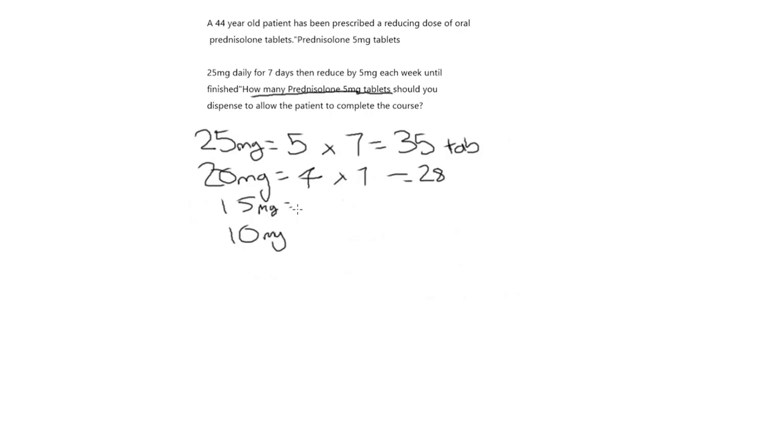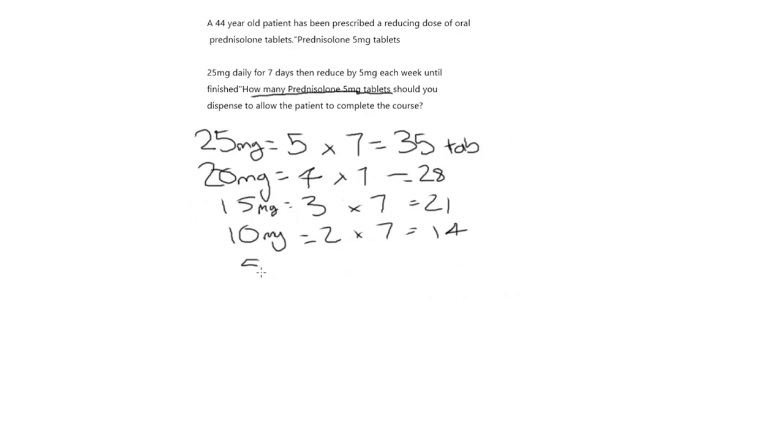If you want to go down and write the strength, that's fine, but be consistent with your technique and make sure you perfect your technique. So the way I'm telling you to do it, if you want to follow me, just do it one line at a time, okay? So 15 milligrams, that translates to 3 tablets times 7 gives us 21. 10 milligrams, 2 tablets times 7 gives us 14 tablets.